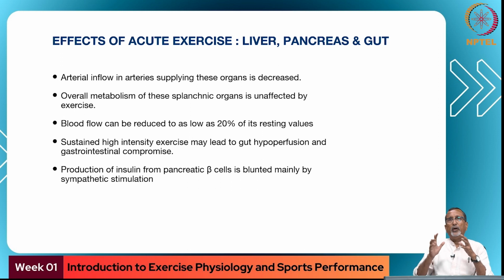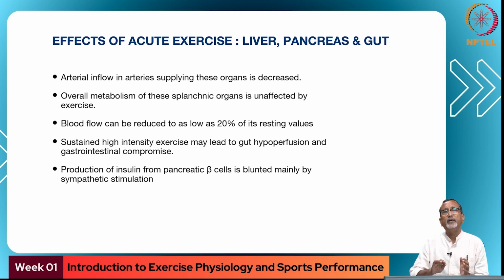Because these three organs majorly support the metabolic function during exercise. So, once this metabolic function is being supported by these three major organs, let us try to find out what is happening there. The arterial inflow of arteries supplying these organs is decreased during acute exercise, because the muscle requires more blood.